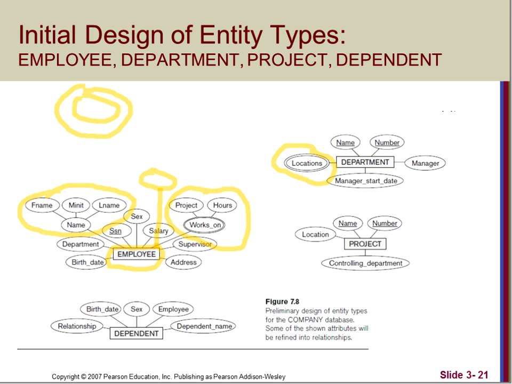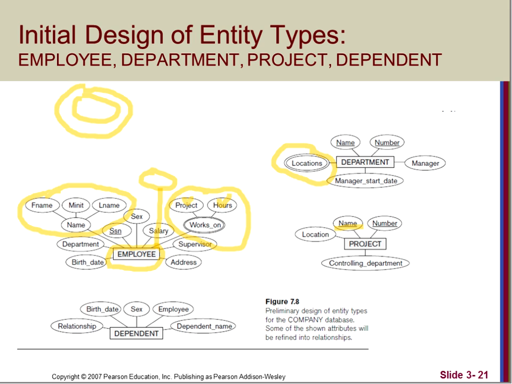For example, name consists of a first name, middle name initial, and last name. Another example is work zone, which consists of the project and hours. At that time, we can use a tree structure to represent the composite attribute.